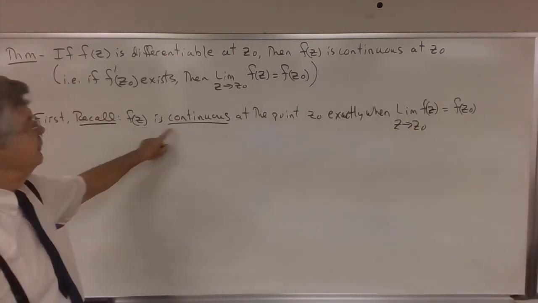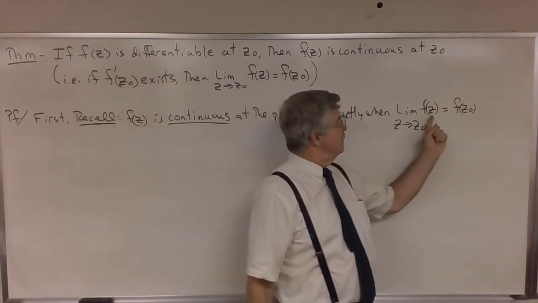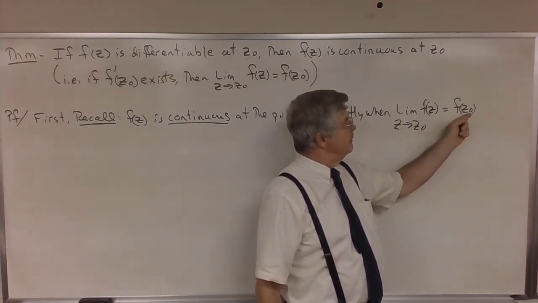So f of z is continuous at the point z naught exactly when the limit of f of z as z approaches z naught equals f of z naught.